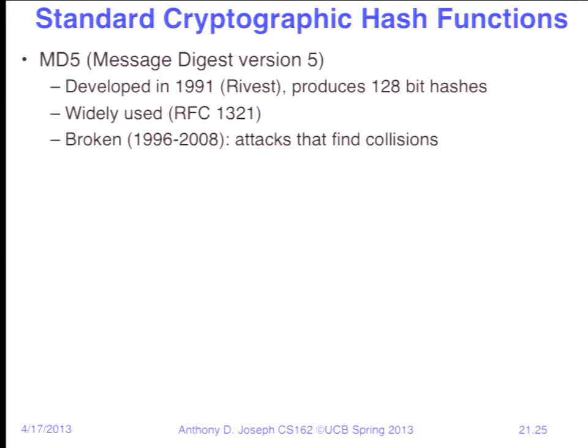Yes? Yeah, so that's a good question, and I need to clarify this. So the problem here is, of course you're going to have collisions, right? 2 to the 128 is a big number, but it's not infinite when we look at all the possible texts that could be generated.